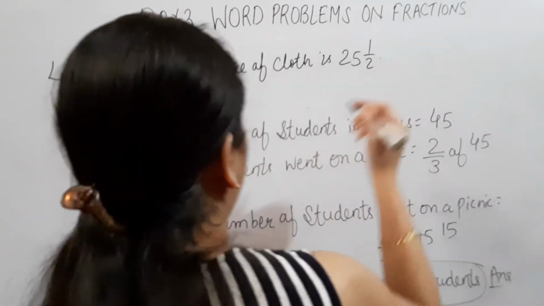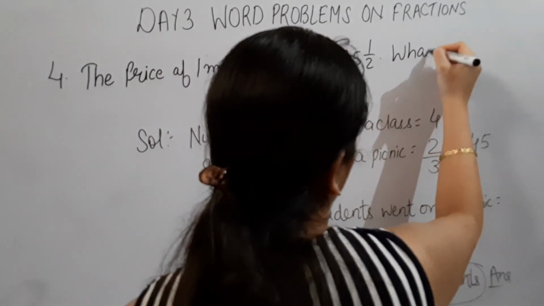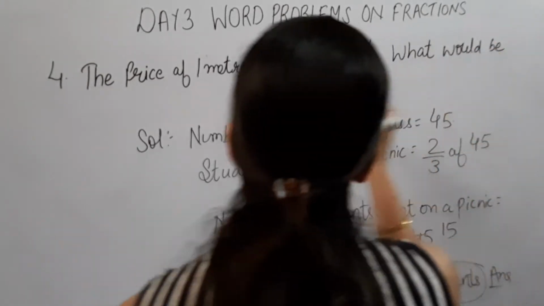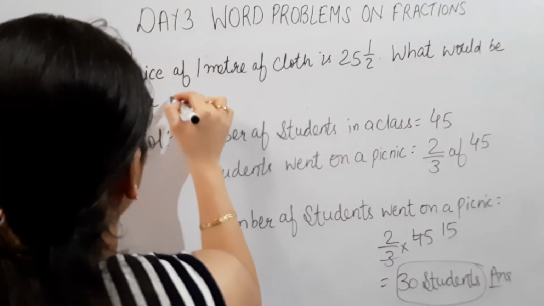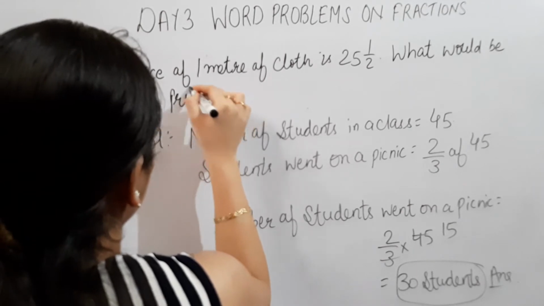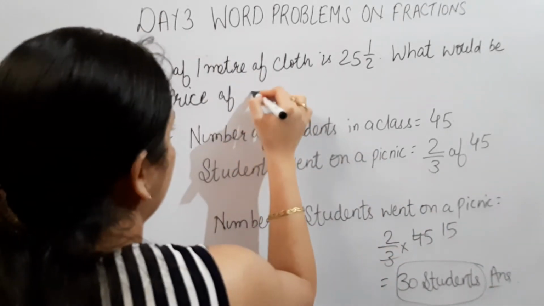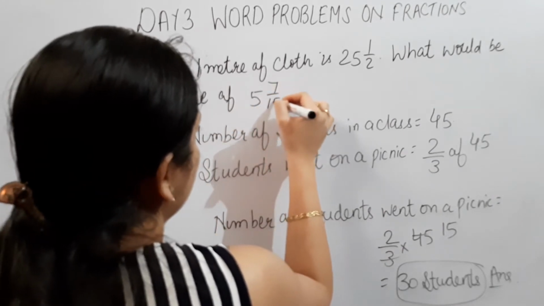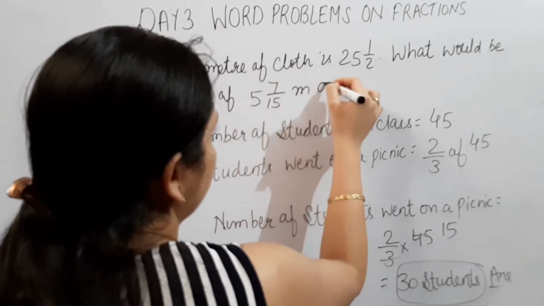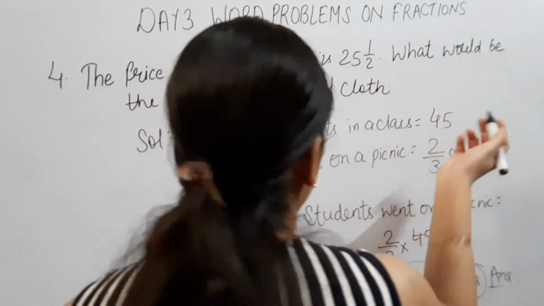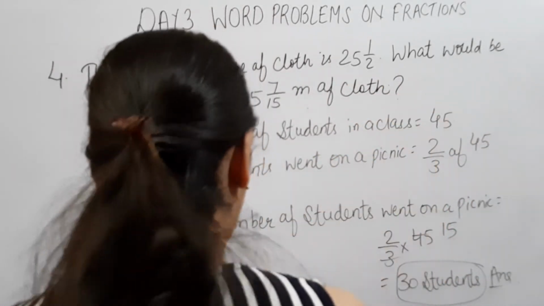What would be the price of 5 whole 7 by 15 meters of cloth? See, this is also a question of multiplication.